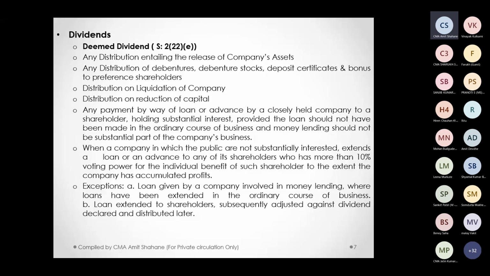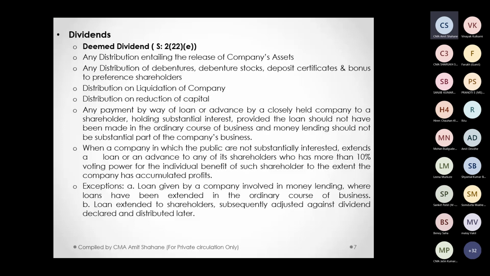So, in short, just to avoid the payment of dividend distribution tax, they were not giving it a tag of dividend, but they were paying it to the shareholder in some other form, and therefore this particular concept of deemed dividend has been introduced, and even this deemed dividend is taxable in the hands of the company, and the company will have to pay the dividend distribution tax.